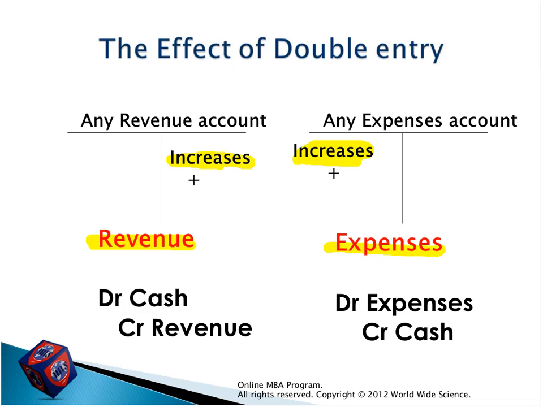So here are these two examples. First we'll explain revenue. Example, we received cash money from our customers, like we sell some goods and we receive money, cash. So we show on the debit side that the cash has increased, right?